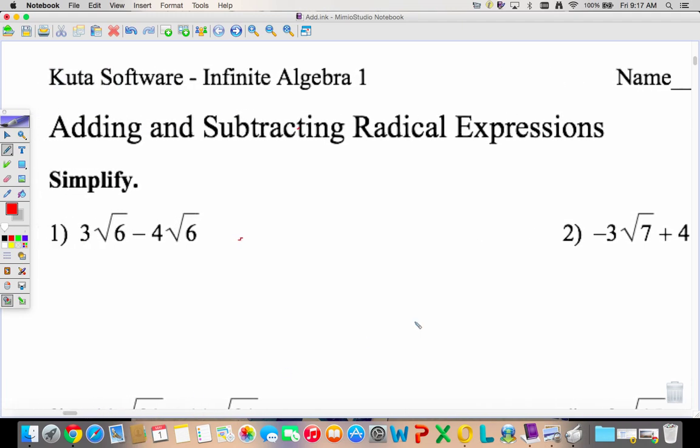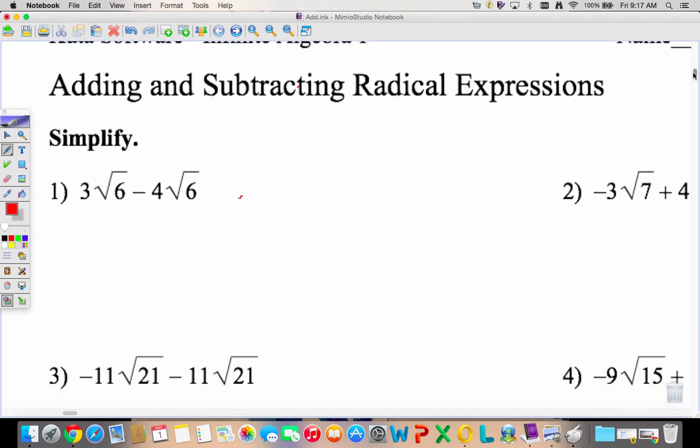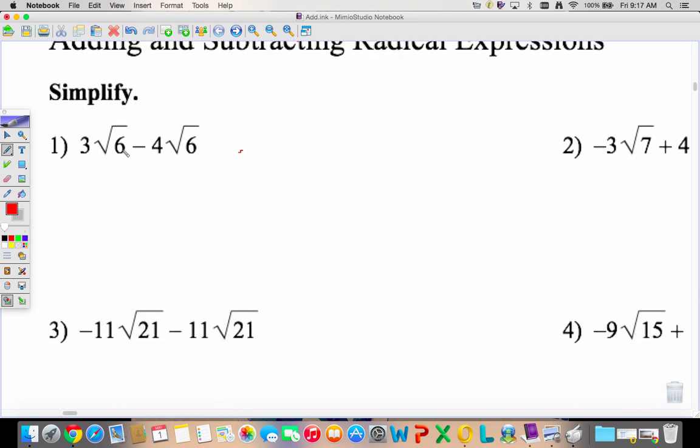Number 1, we have 3 square root of 6 minus 4 square root of 6. You have a square root of 6, you have a square root of 6. Same thing as saying you have an x and an x. These are the same thing, so we're going to subtract the outside. 3 minus 4 is negative 1, and then we just have the square root of 6.